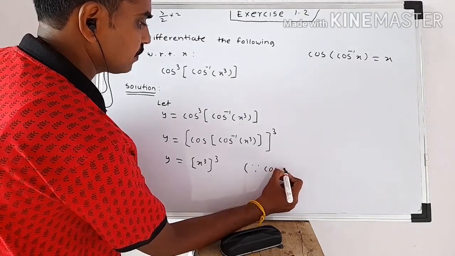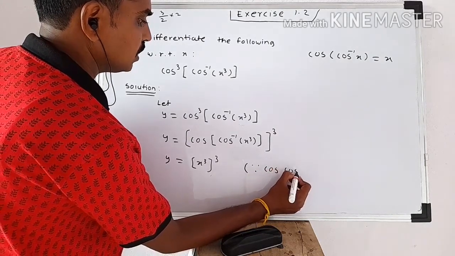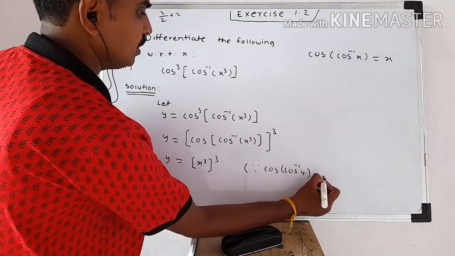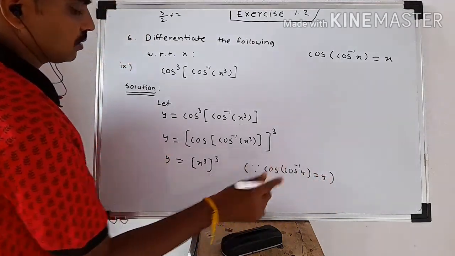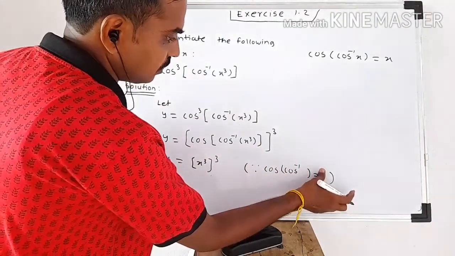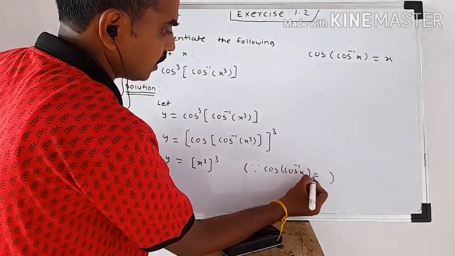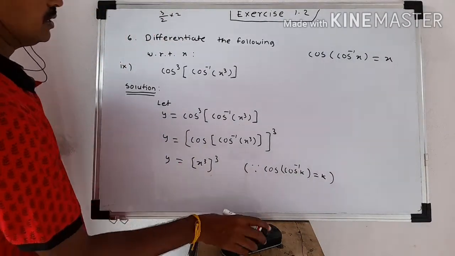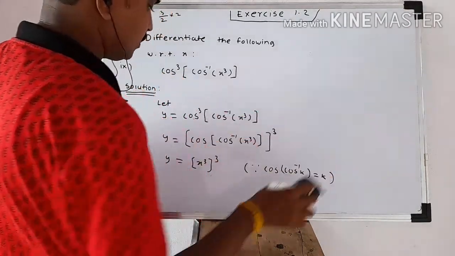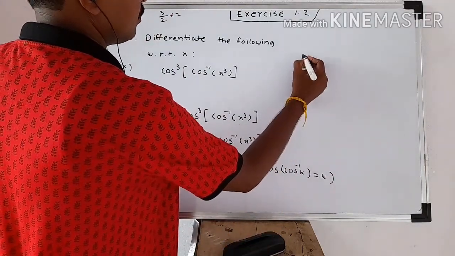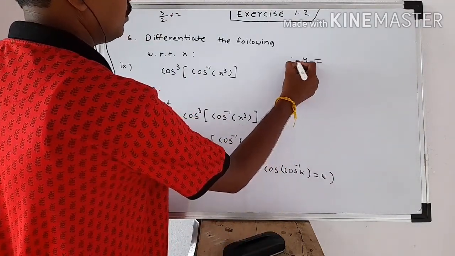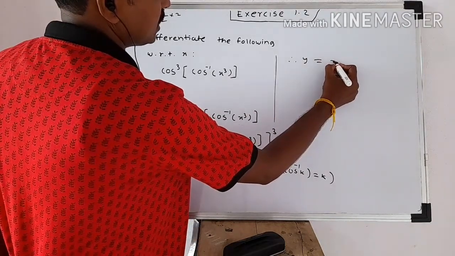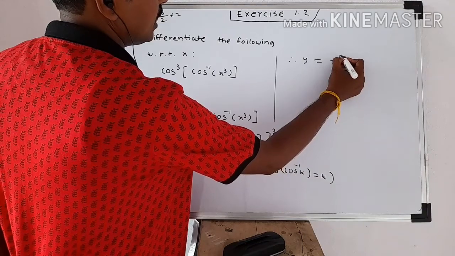The reason for this expression: cos of cos inverse of k is equal to k. Now by using this formula we have simplified our expression. What is our simplified form of y? x cube raised to 3 means x raised to 9.